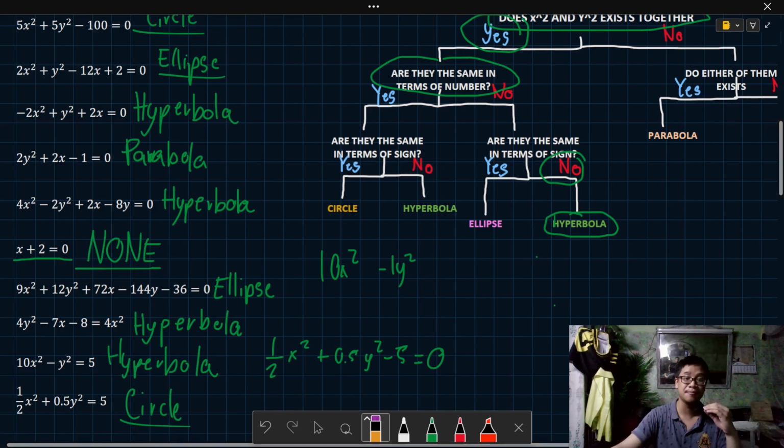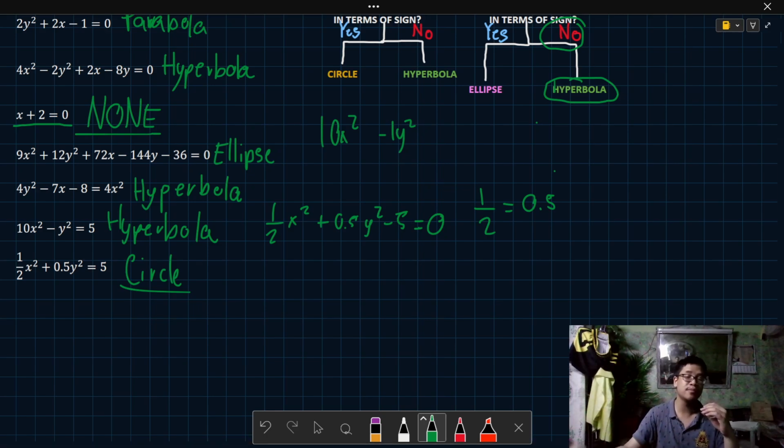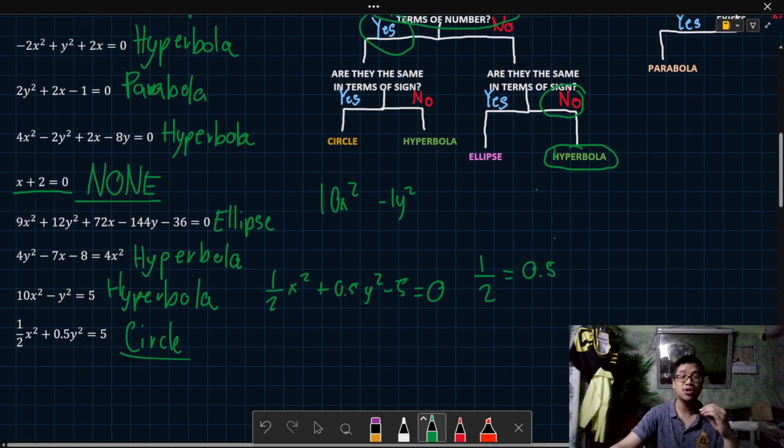They are the same. Okay? They are the same. 1 half is just the same as 0.5. 0.5 is just the same as 1 half. So, yes, they are the same.